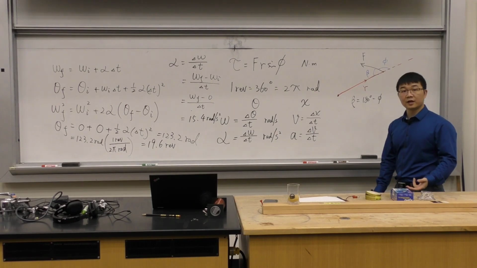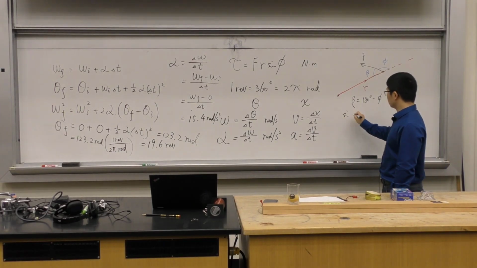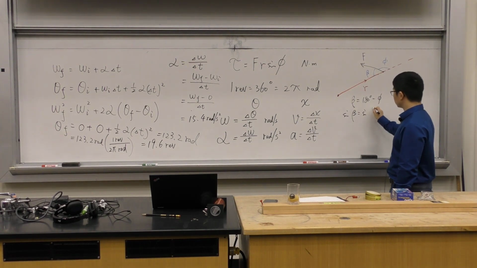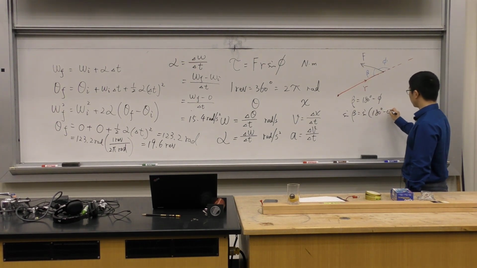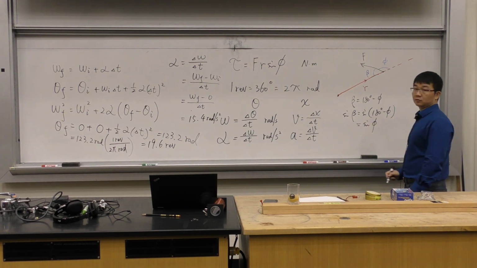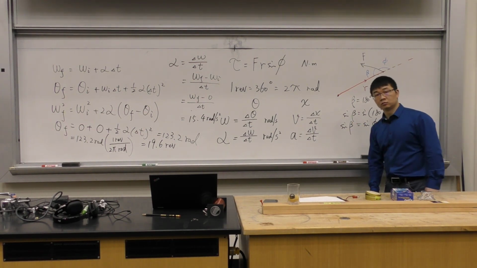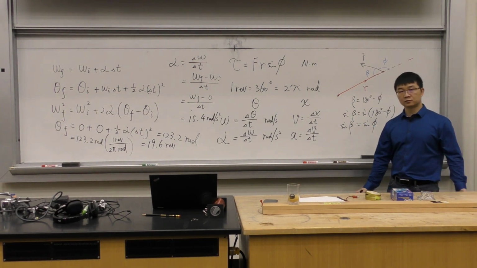And then there's an identity in trig. The sine of 180 minus phi for sure is going to be equal to sine of phi. Sine of 180 minus any angle is going to be equal to sine of that angle. So that means when you pick the angle, you don't have to be super careful.